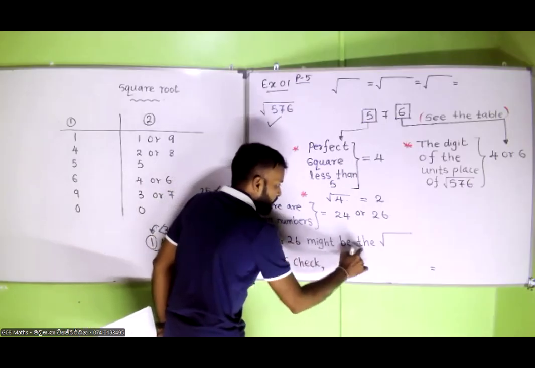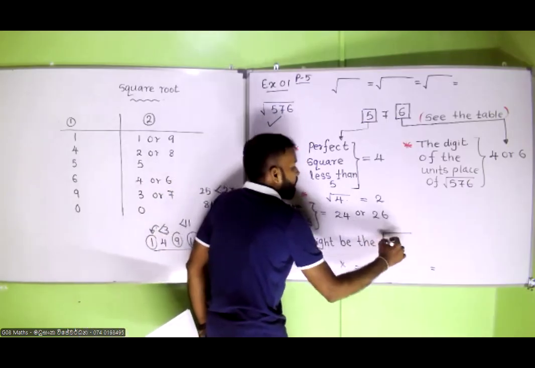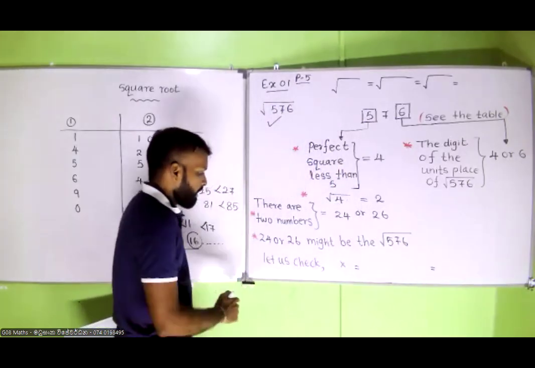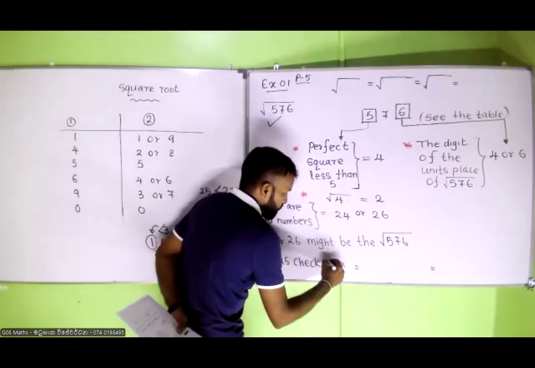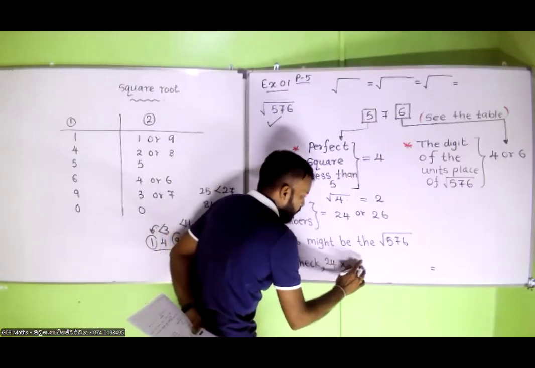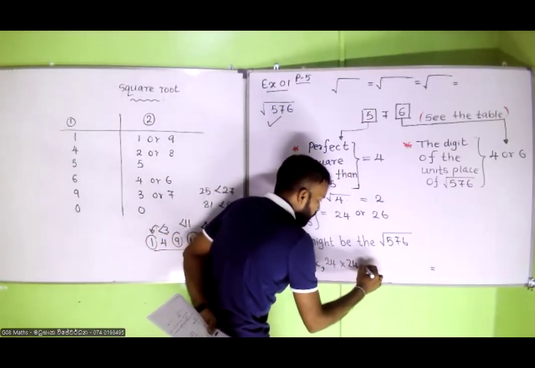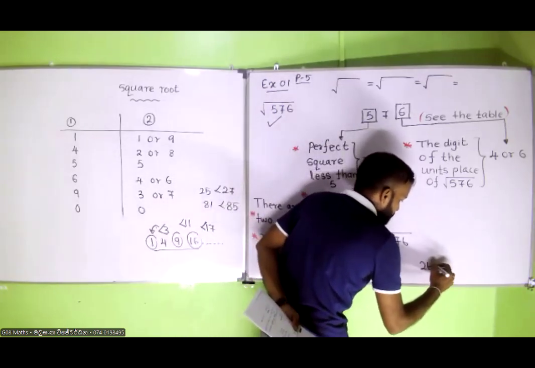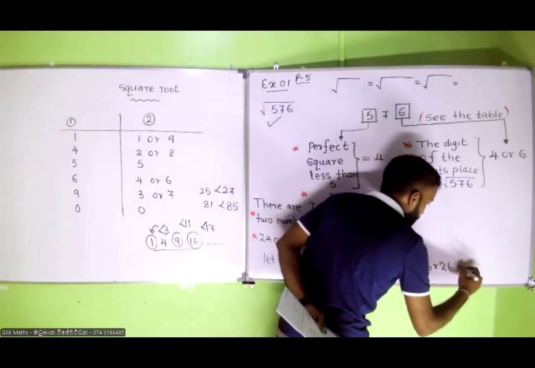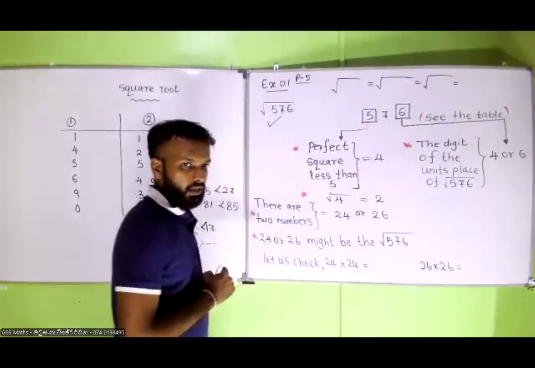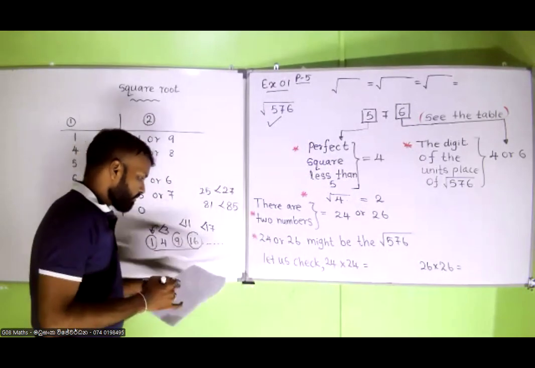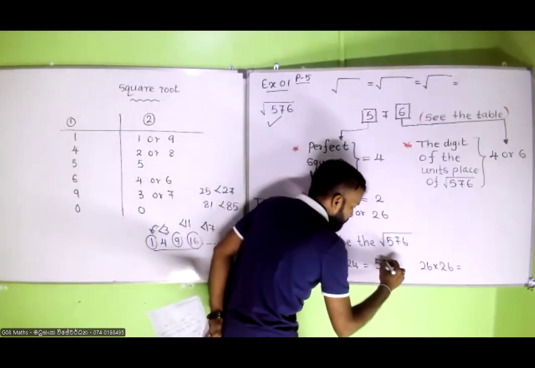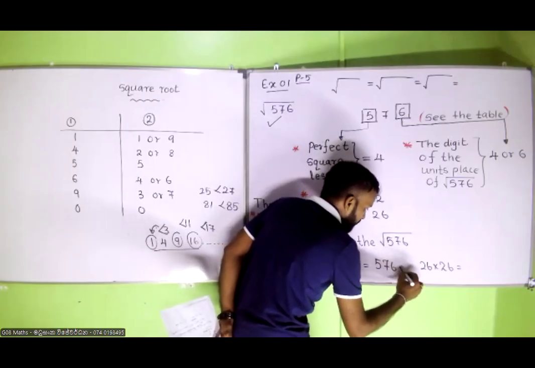Might be the square root of 576. Let us check. 24 into 24 is what? 26 into 26 is what? So 24 into 24 will give you 576. So this is the correct one.